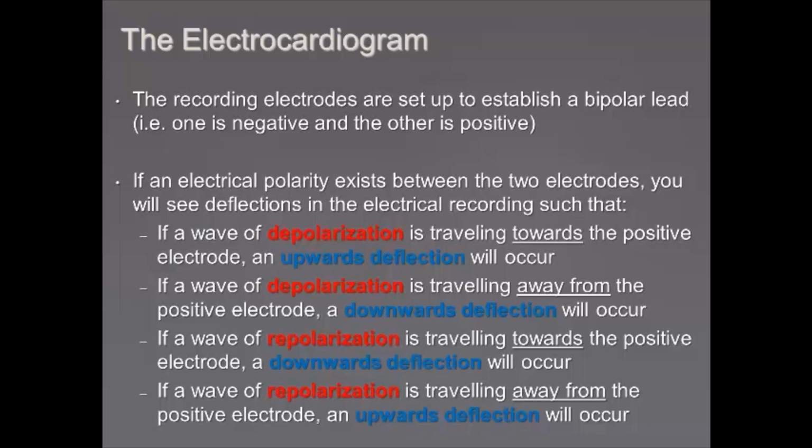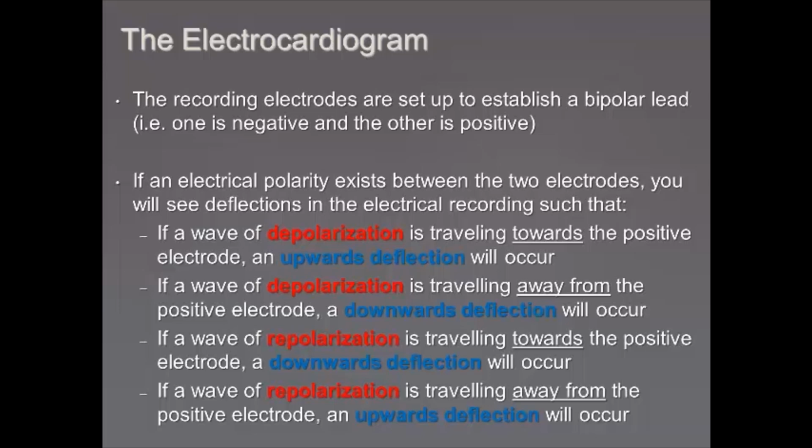Once we've set up these positive and negative leads, we then want to look at what's going on with depolarization and repolarization. Let's go through these conditions one by one and discuss what's happening. If we have a wave of depolarization, this negative wave front moving towards the positive electrode, then on the chart we're going to see an upwards deflection, or a positive deflection.